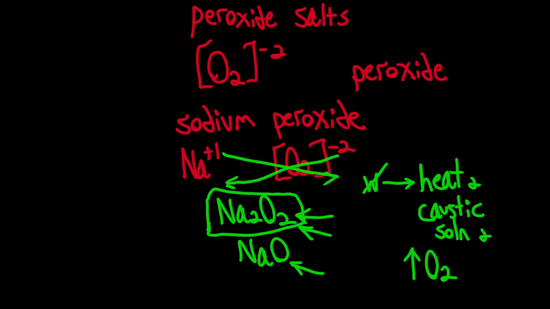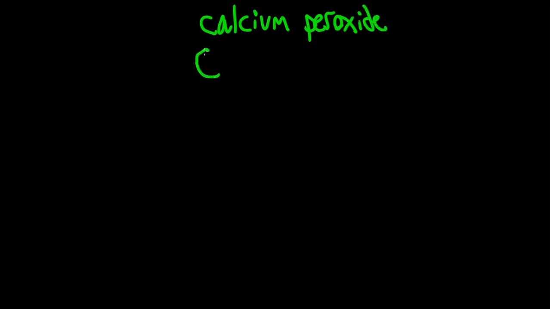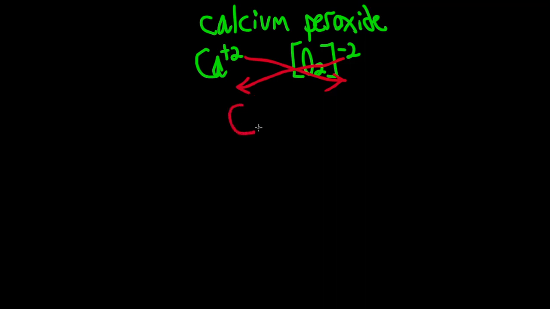All right, so my next example is going to be calcium peroxide. And calcium is going to be in group 2, so it's going to have a +2 charge. Peroxide is going to have a -2 charge, O2 with a -2 charge, and I'm going to crisscross these as before, and I get Ca2O2 with my subscript there.